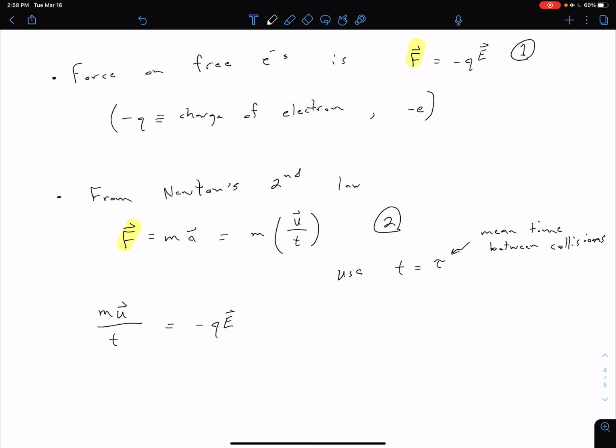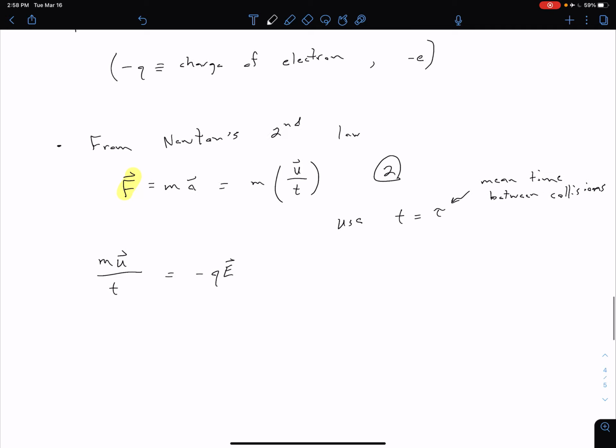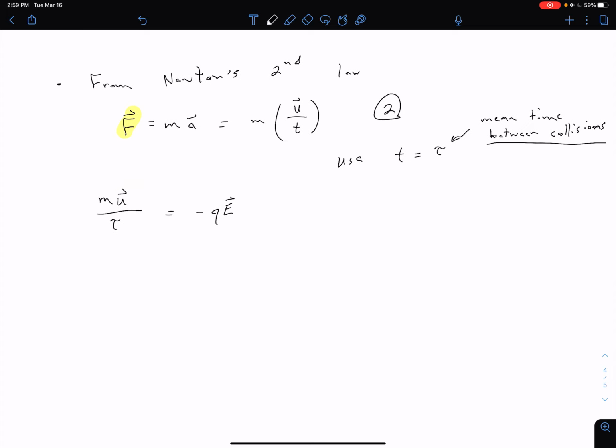So the electron accelerates for a time tau, at which point it basically resets, the velocity goes back to 0, and then it accelerates another time tau until it has another collision event. To reflect that, let's replace that t in our equation with tau, our mean time between collisions. We're not going to get too much into that other than this basic definition.